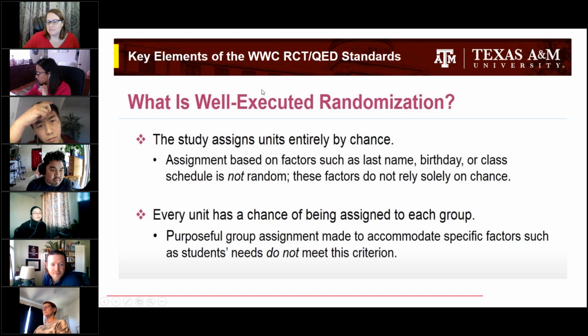Just to emphasize, the study assigns participants entirely by chance, and they have equal opportunity to be assigned to treatment and control. It does not mean that you have to have an equal number in both conditions. It's that they have the same opportunity to be assigned to treatment and control.